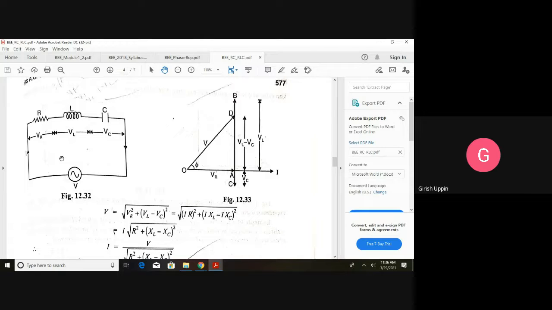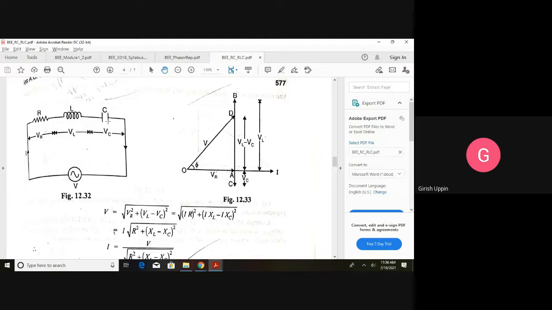So if we draw the phasor diagram and combine, VR, this is OA, and I, both are in phase. Now, in case of a pure inductance, current lags the voltage by an angle of 90 degrees. Now AB is nothing but VL. So this is VL and this is I. Current is lagging VL by 90 degrees.